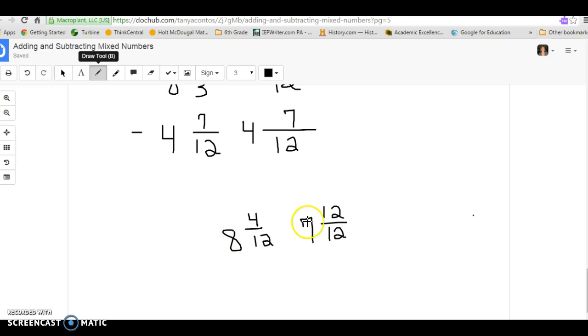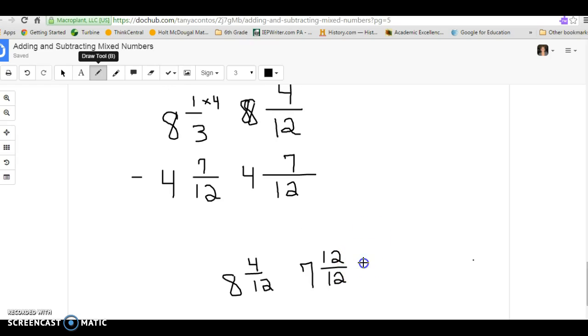So my 8 is now going to become 7 12/12, which if we added this together, we would have 7 wholes here, and 12 over 12 would be equal to 1. Now I'm going to add back in my 4/12 from my original problem right here. By doing this, look what happens. This is now going to make my fraction 7 16/12.